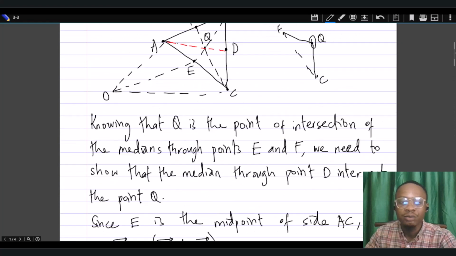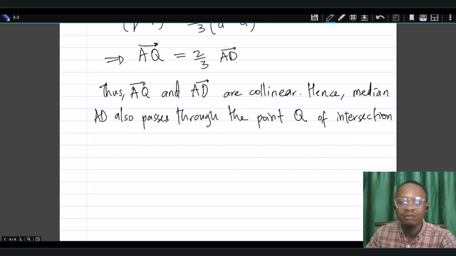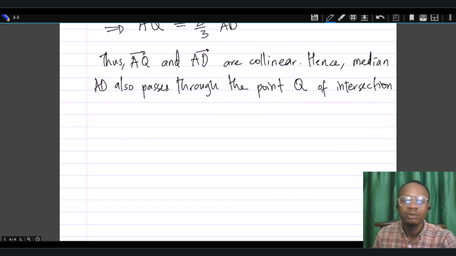Also passes through the point of intersection of the other medians BE and CF. Okay, through the point Q of intersection of medians BE and CF.